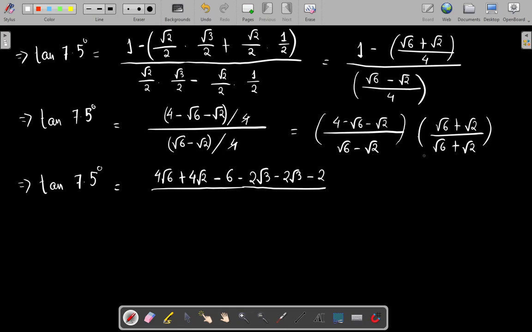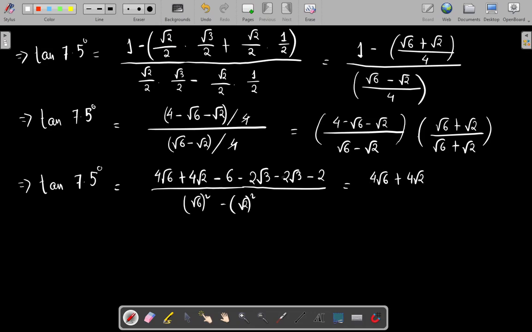This is a minus b times a plus b, which is the formula for a square minus b square. So a square will be root 6 whole square minus root 2 whole square. Let us write it down once: root 6 square minus root 2 square. Now we are left with a single root 6, so it is 4 root 6, plus a single root 2, so this is 4 root 2.